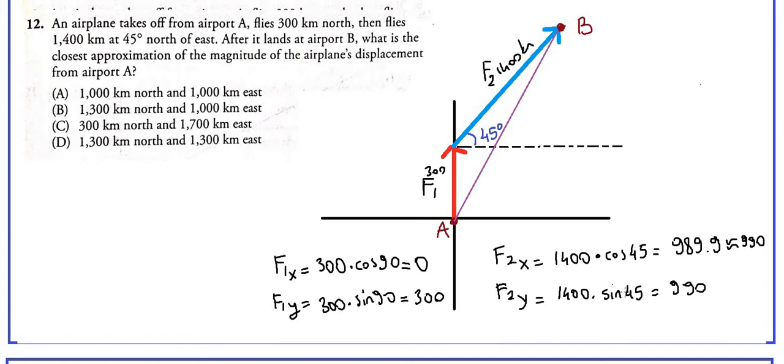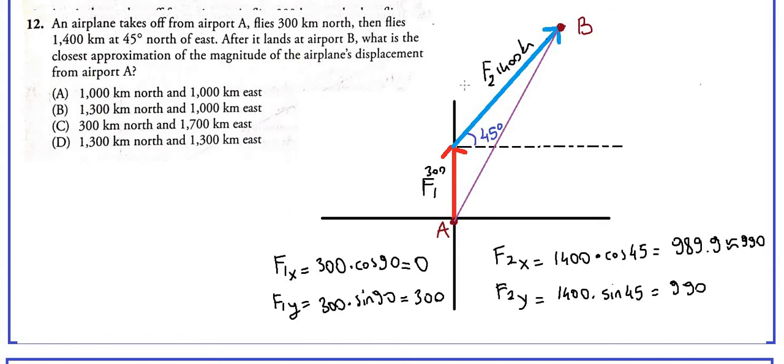And sine 45 and cosine 45 are the same value. And if we multiply this value by sine 45, we obtain the same value. Now we know the x and y components of the resulting vector, this purple one. And the question is asking just the components, not the total magnitude.